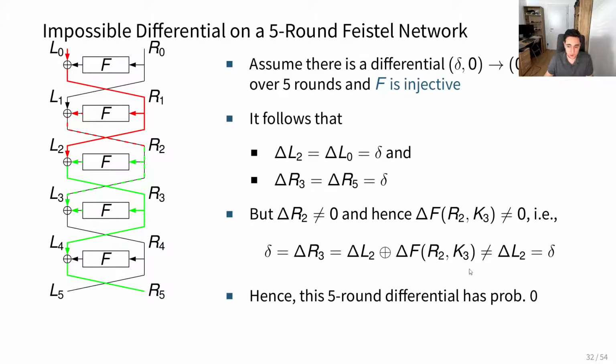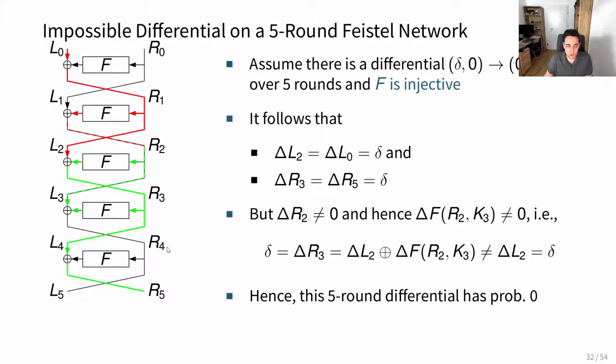But we also know that this difference here is not equal to the difference L2, because essentially we arrive at a contradiction here. But we want to have that this L2 is exactly delta. This is by definition of the beginning. So what we end up with is that delta is not equal to delta, which is clearly a contradiction.